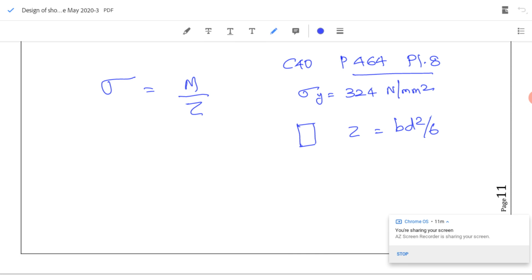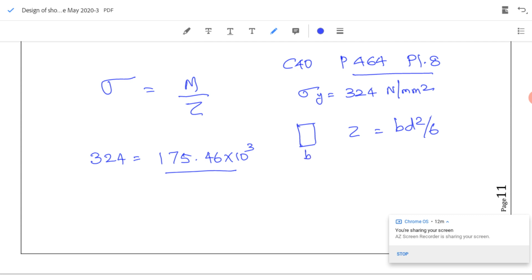Since the factor of safety is not considered, I will take sigma equal to sigma y. So 324 equal to the moment, which was found to be 175.46 into 10 power 3, divided by BD square by 6.